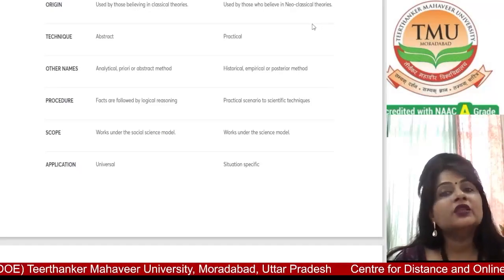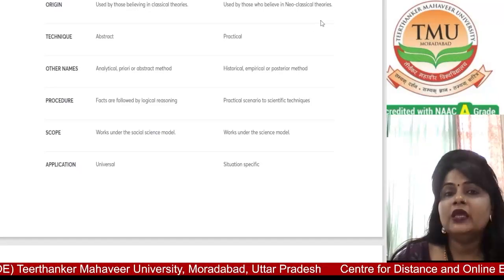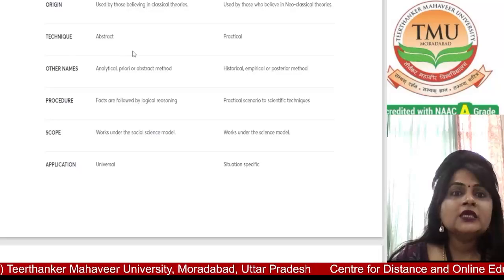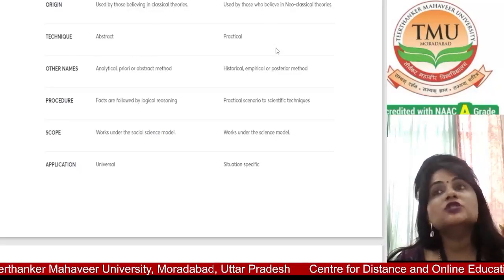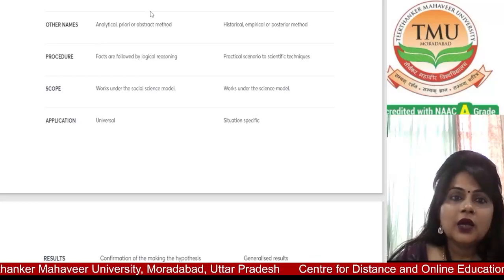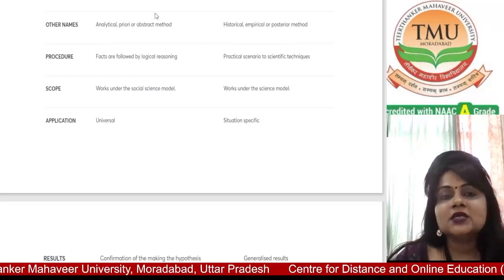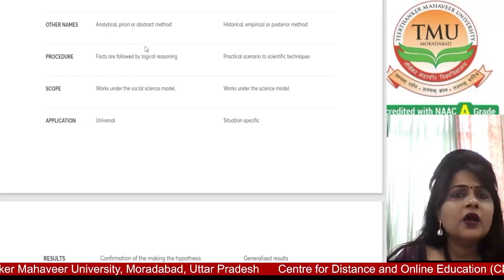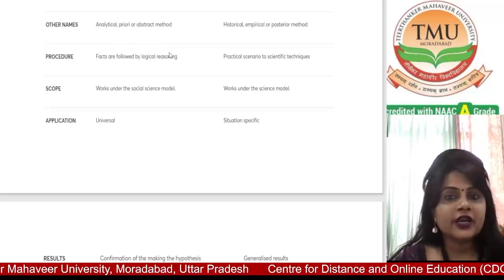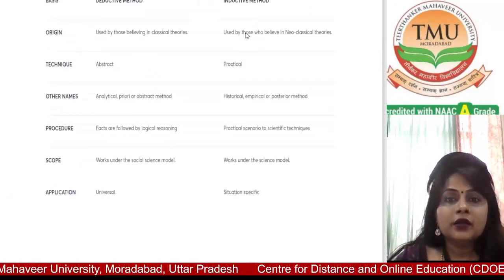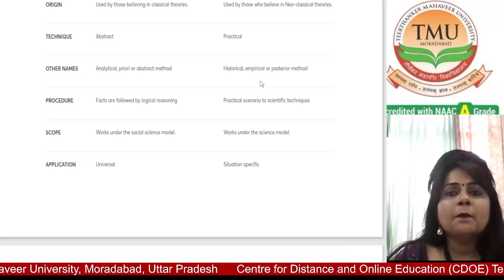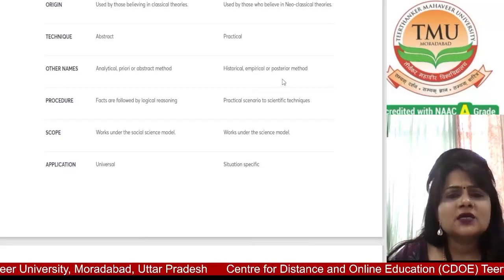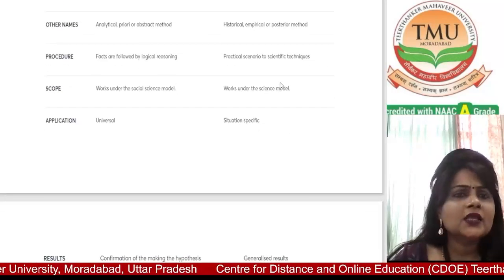In technique, the deductive method is abstract and the inductive method is practical. Next, the deductive method is also called analytical, a priori, and abstract method, and the inductive method is also called historical, empirical, and by other names.